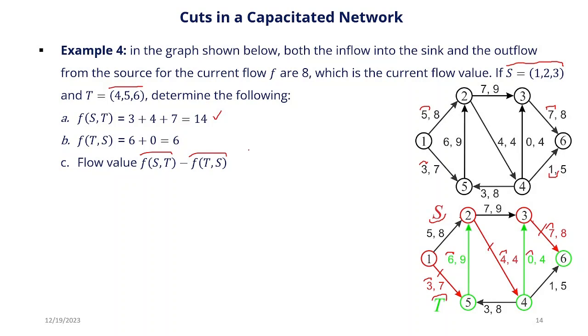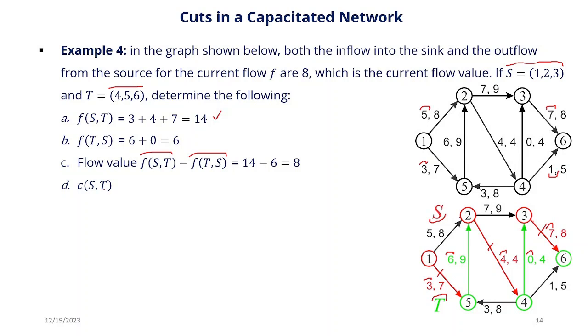When we start talking about cuts, that is when the idea of something flowing from the sink set to the source set comes in. In ordinary flow networks, nothing is supposed to flow from the sink to go anywhere. But when we talk about cuts, that is a possibility. So we now say the flow value is 14 minus 6, and that gives us 8.